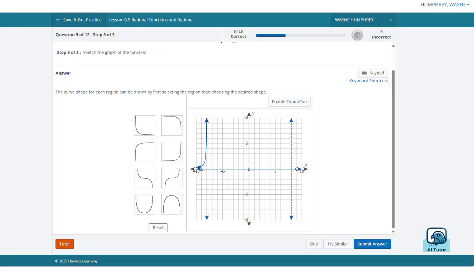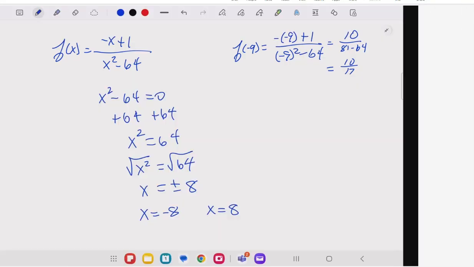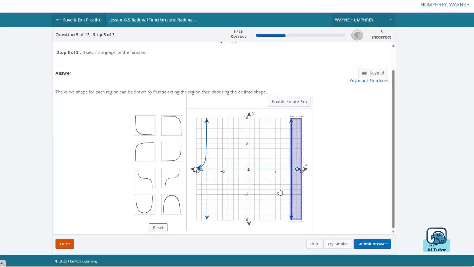Let's go ahead and do f of 9. So that's region C. So this is going to be negative 9 plus 1 over 9 squared minus 64. And so that's going to give us negative 8 over 17. So that's negative, so that's below the x-axis. So over here, we're going to have this graph, because it graphed below.